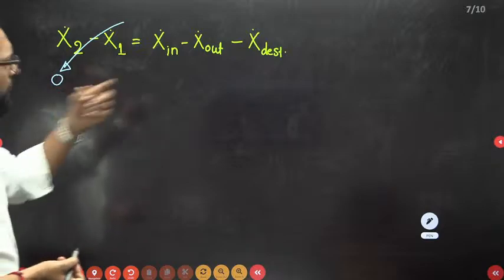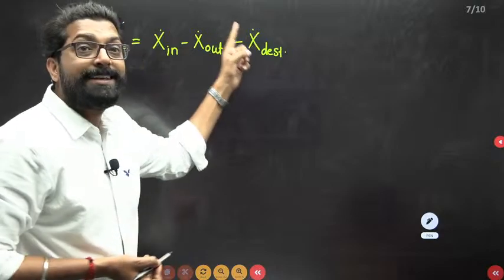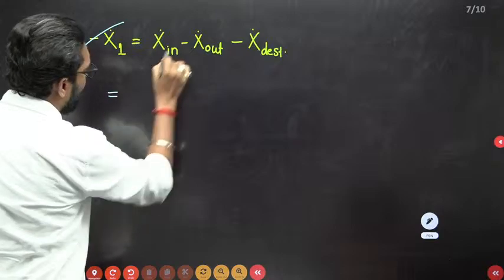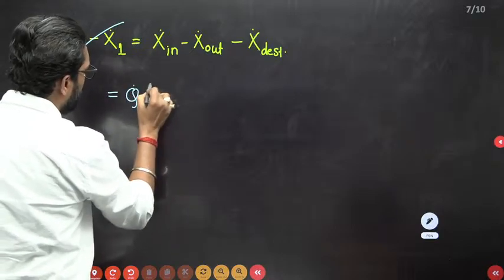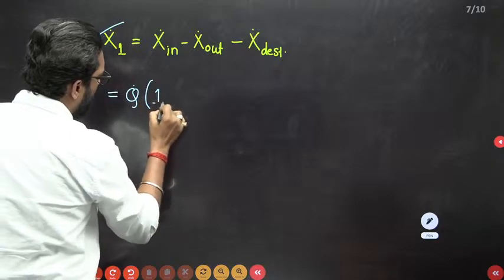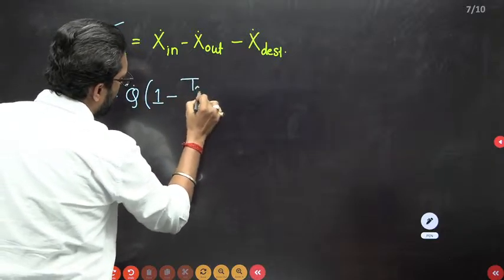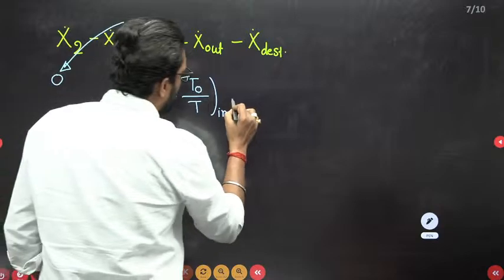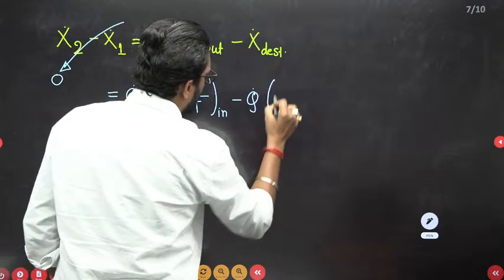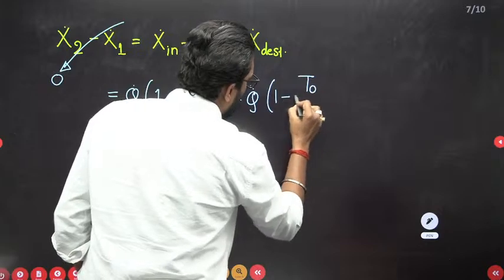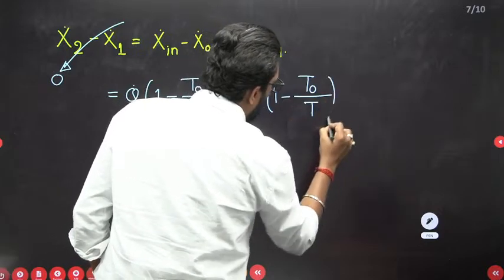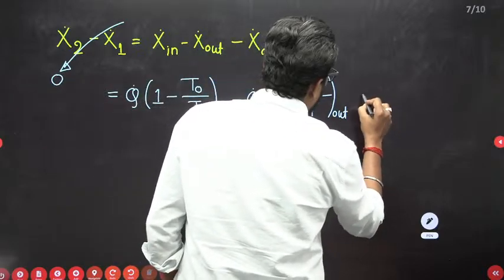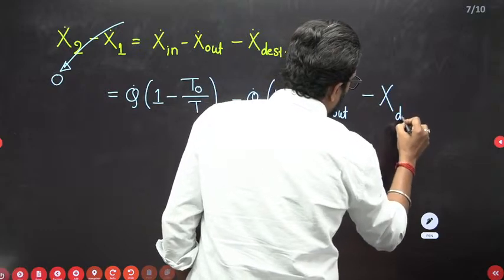Now my dear, if we have to find exergy destroyed, what is the exergy in due to the heat? Q times 1 minus surrounding temperature by T in, minus heat transfer times 1 minus surrounding temperature divided by T out, minus X destroyed.